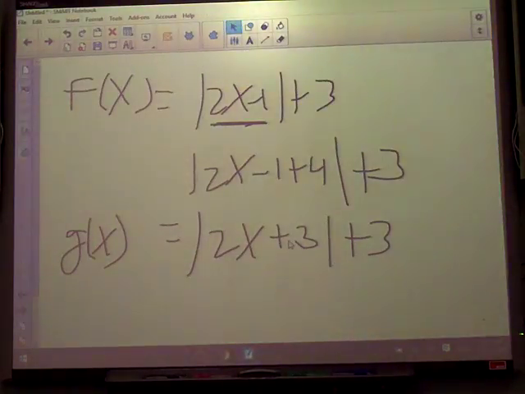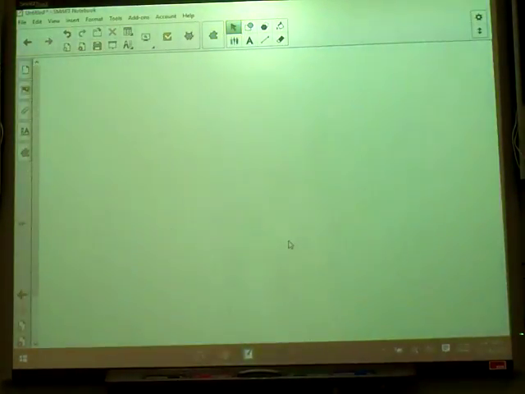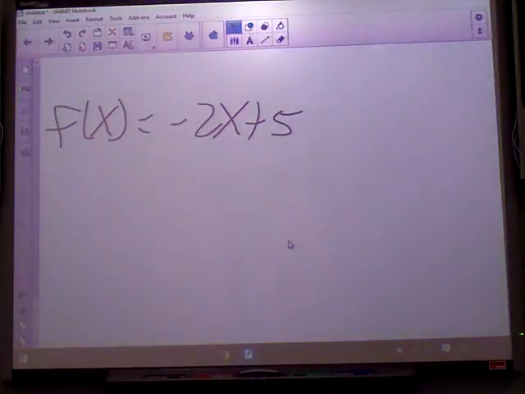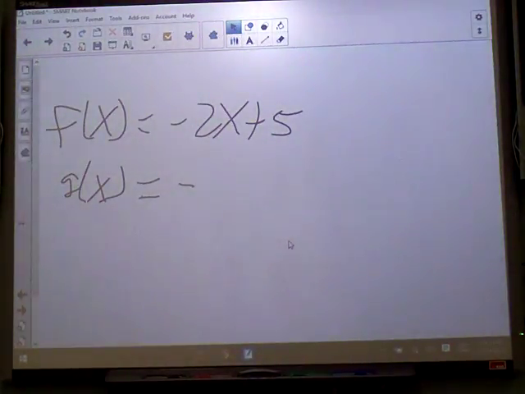76. Dalton wants 76. I've got f of x is negative 2x plus 5. Reflection in the x-axis. Reflections were tricky because they had negatives, and you had to remember if the negative went in front of the whole thing or just with the x. X-axis, it goes just with the x. So when we start this off, g of x equals negative, that's the negative that's already out there.